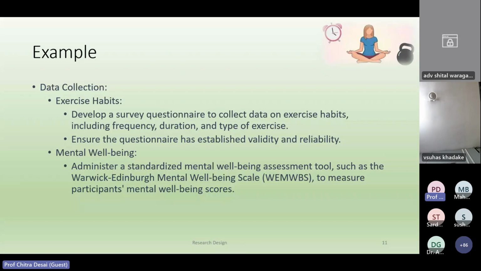So whenever we are taking any problem statement, our literature review will help us understand what the standard data sources available are, what the standard measures are, who has used them, and whether I can use the same one.